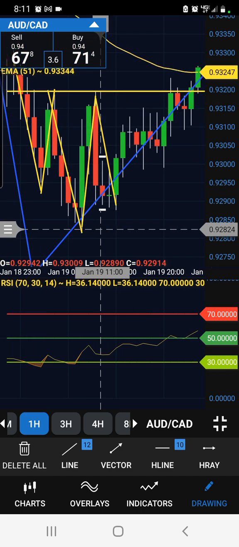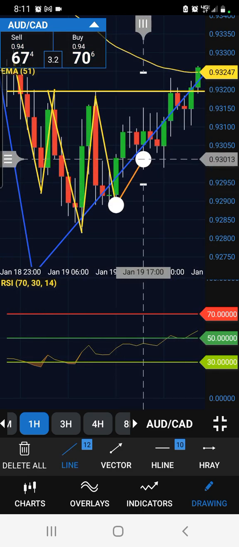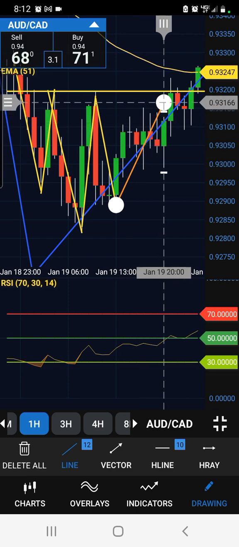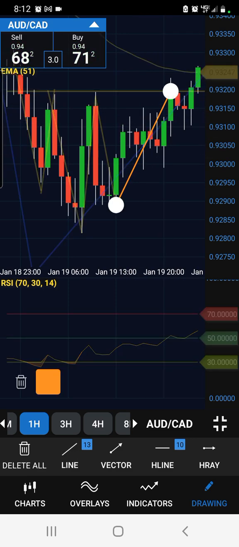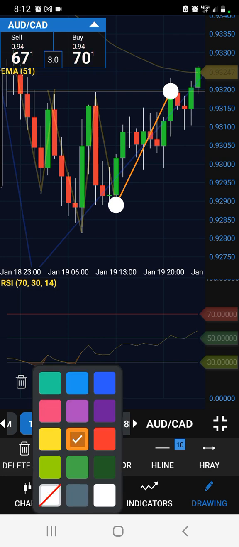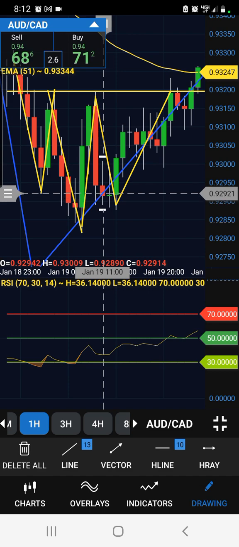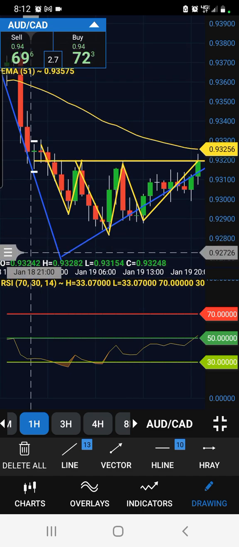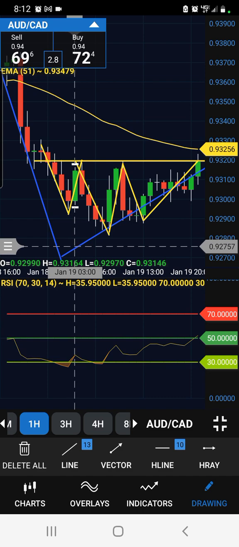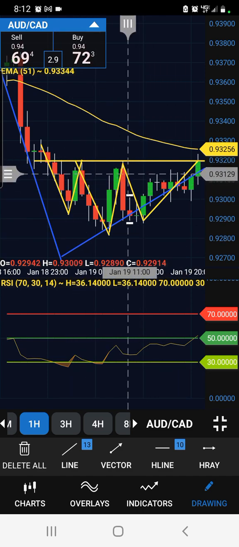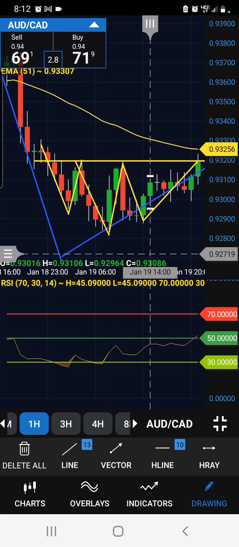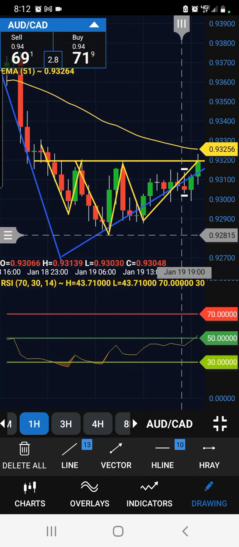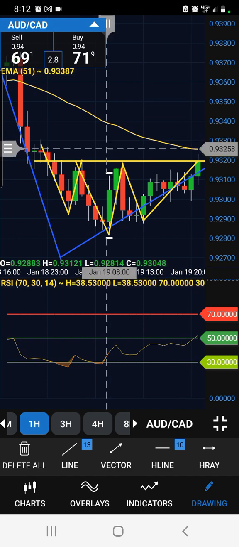Now, this is where your right shoulder of the inverse head and shoulders pattern comes in, where these 2 points right here meet. Left shoulder, neckline, head, right shoulder, neckline.